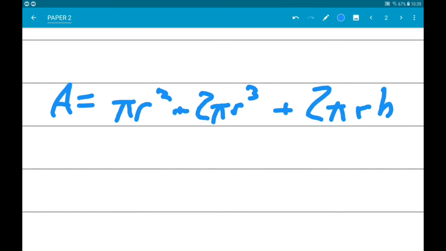Alright, so at the moment we have 3 pi r squared add 2 pi r h.